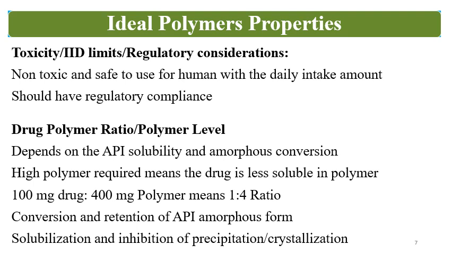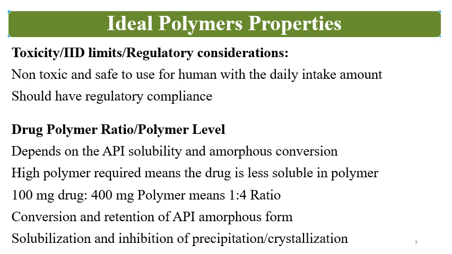Then what is drug polymer ratio or drug polymer level? It depends on the API solubility in the polymer and also the polymer's capacity to solubilize the API and form the amorphous dispersion. Also, polymer level is selected based on the conversion of crystalline API to amorphous API. High polymer required means the drug is less soluble in the polymer.